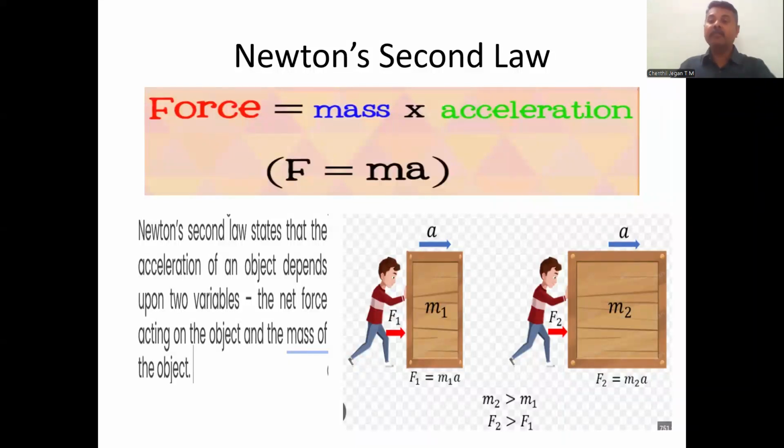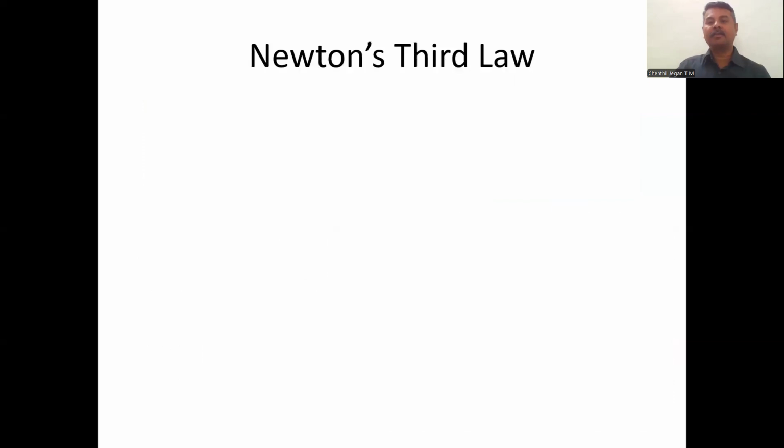That's why we give more force compared with the previous F1. Therefore, F2 is greater than F1, and as per these figures, m2 is greater than m1. Therefore, F is directly proportional to the mass. This is what Newton's second law represents.